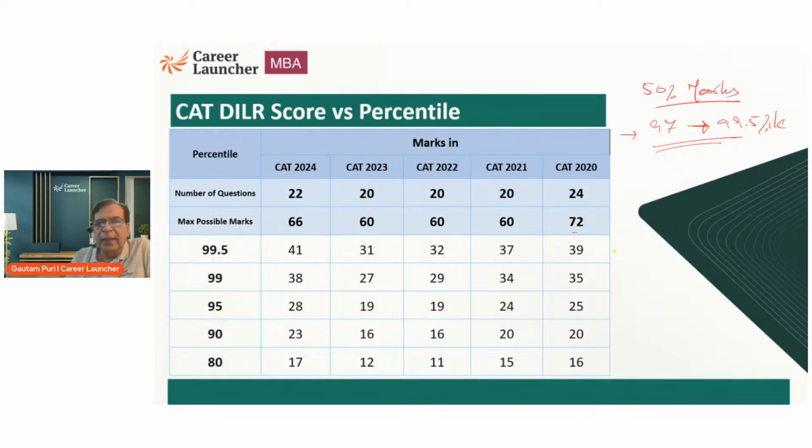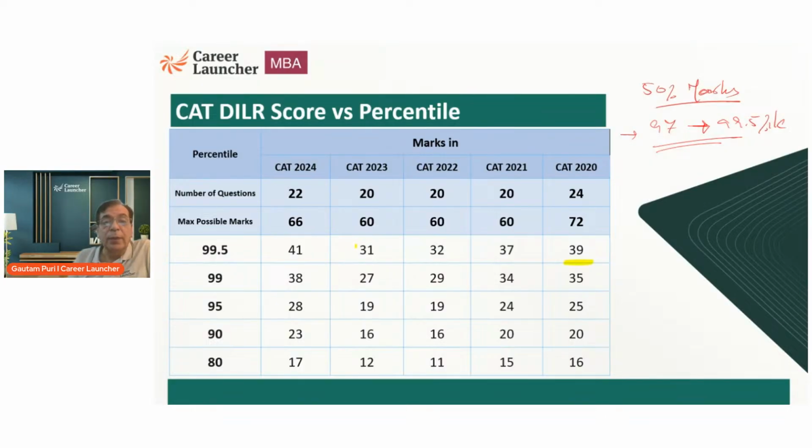In CAT 2020, 72 marks, 50% marks would be 36 marks, which means you would be above 99 percentile at 50% marks in CAT 2020. CAT 21, 22, 23 are 60 marks.